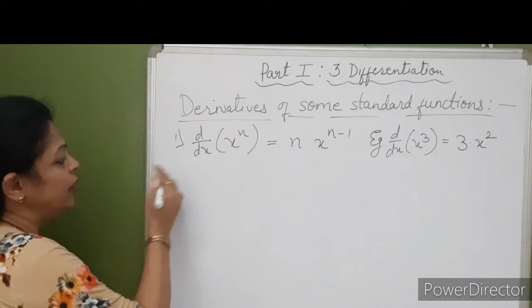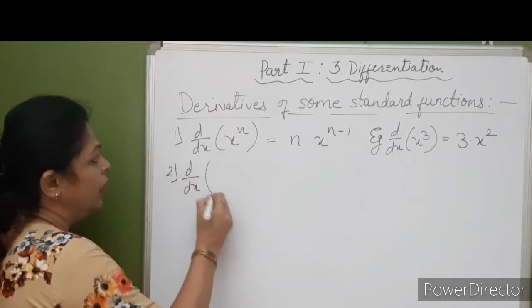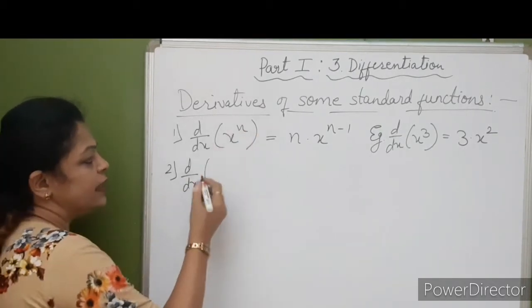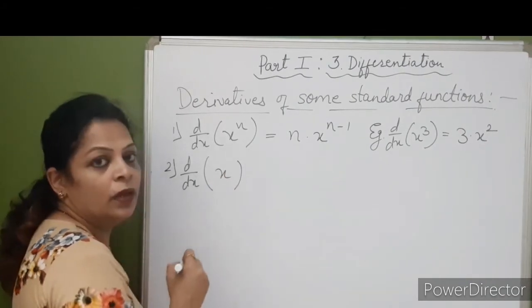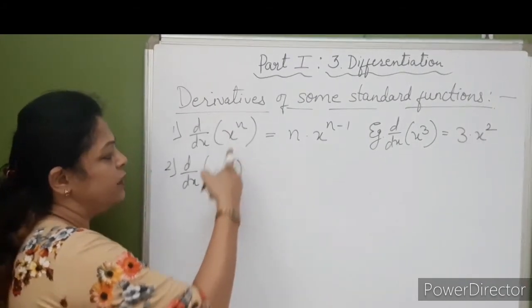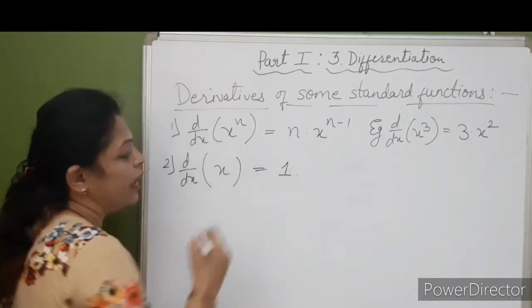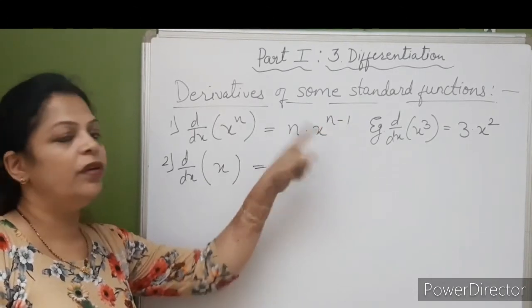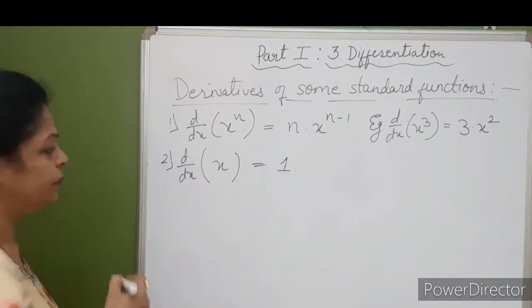Isn't it? Now using these formulas, we have derivatives of some more standard functions. Suppose I want to find the derivative of x. Now in this case, n is equal to 1. So you get the derivative as 1 because 1 minus 1 is 0 and x raised to 0 will be 1. So derivative of x is equal to 1.